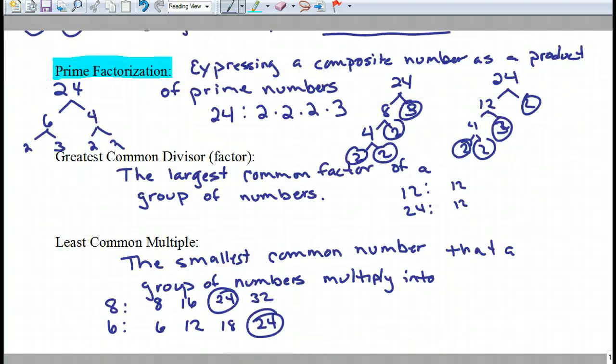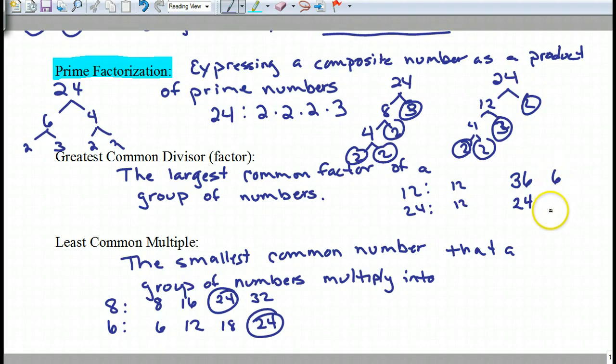All right, so let's talk about the greatest common divisor. That is the largest common factor of a group of numbers. So if I were to actually look at 12 and 24, the largest number that goes into both is 12. What if I looked at 36 and 24? What's the largest number that goes into 36 and 24? 6?